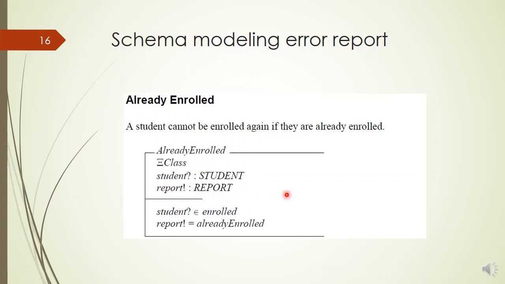So this is basically a precondition that the student to be enrolled already belongs to the set enrolled, then the output would be the message already enrolled, because report with this decoration is an output variable, a free type variable declared on a free type containing only a few values, including the already enrolled value.